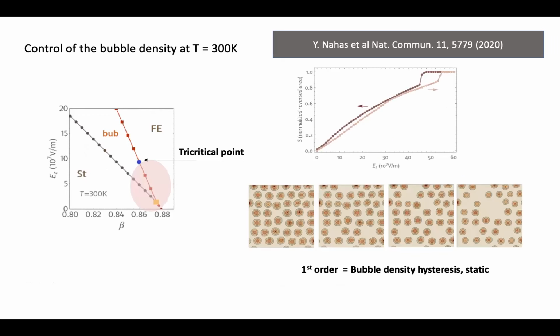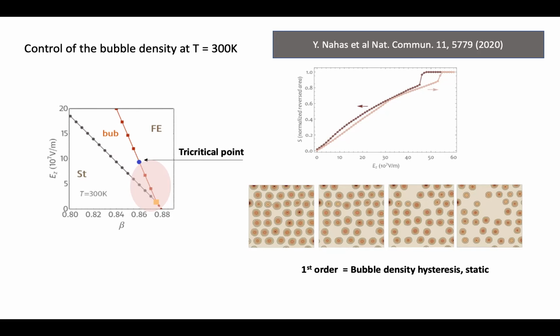But why is it there, and what kind of implications does it have? For poor screening conditions, we have the continuous type of transition between bubbles and homogeneously polarized state. And for better screening conditions, we have this first order transition, as opposed to the continuous transition, that yields many metastable states.